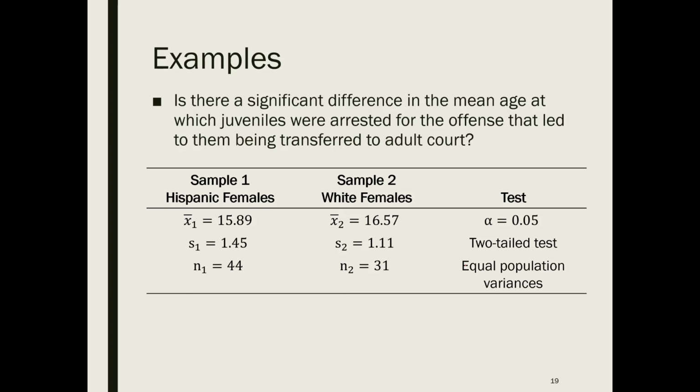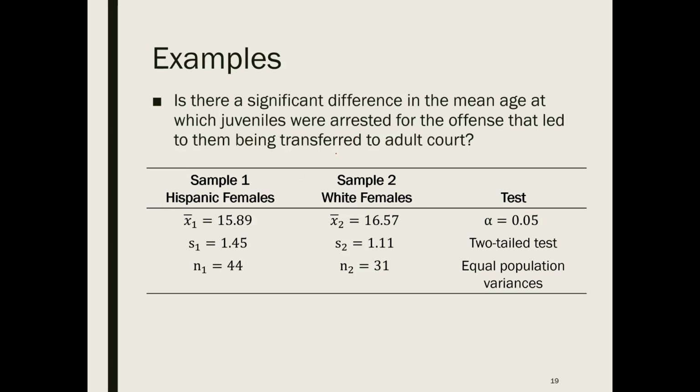Okay, so we have 2 samples. As you can see, we already calculated the mean of sample 1, the standard deviation of the sample, and it gives you the sample size. Similarly for sample 2, we have the mean, standard deviation, and sample size.